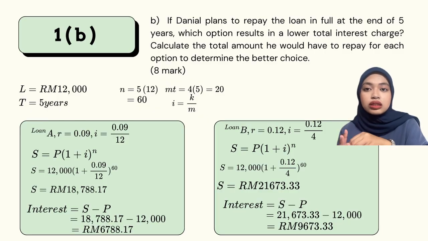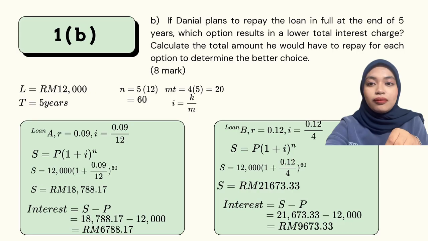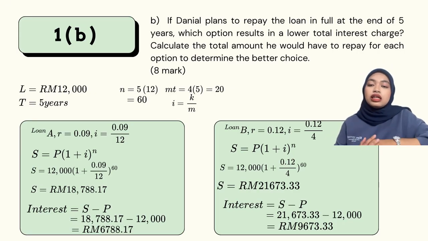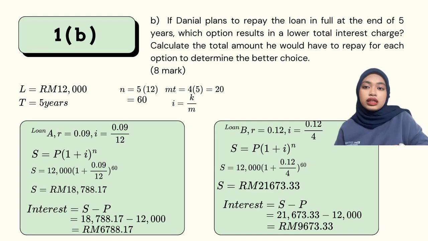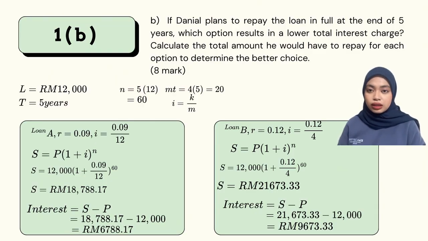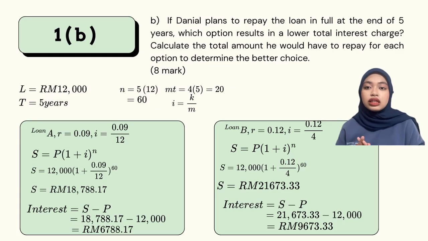The total interest is RM9,673.33. So the conclusion is loan A results in a lower total repayment and lower interest charge. Therefore, loan A is the best choice.